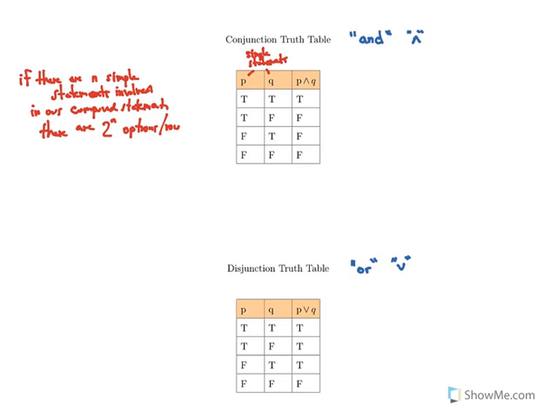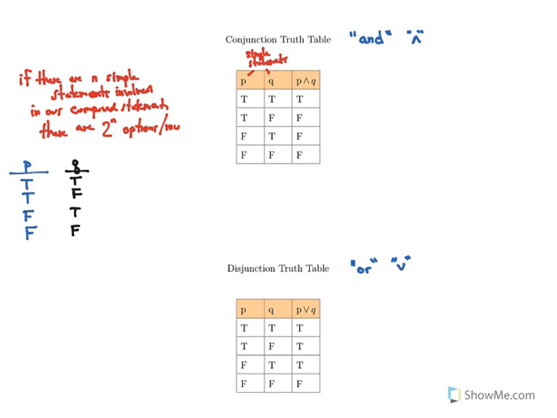There are 2 to the n options or rows that we're going to look at. And the way that we can look at these rows is we can just say for our first statement, like P, we're just going to go all the trues that we need. So if there's 2, we just do 2 trues and then 2 falses. We do all trues, then all falses. For Q, our next statement, we're just going to alternate true, false, true, false.